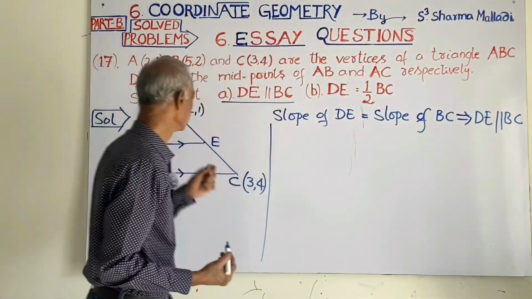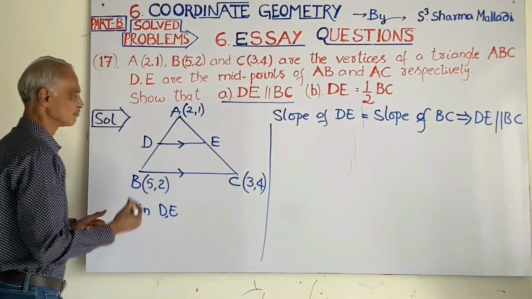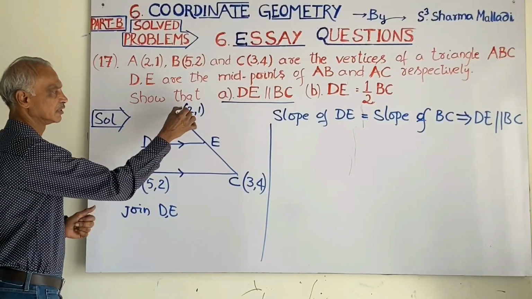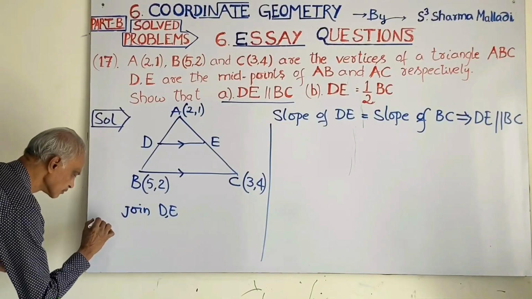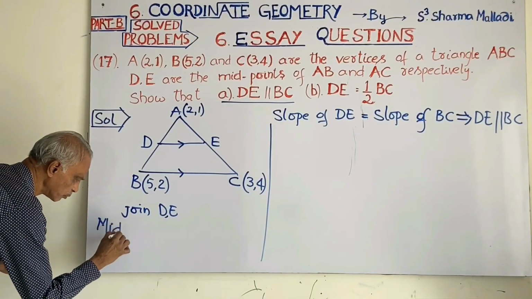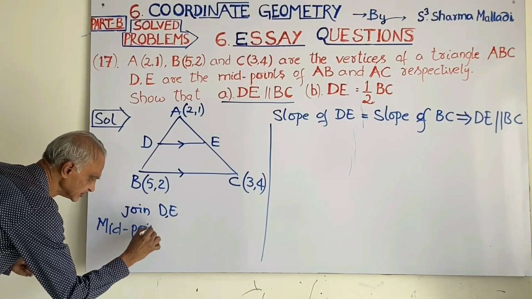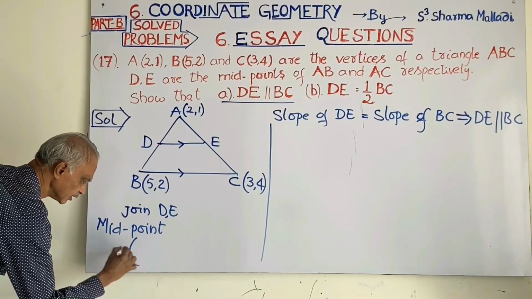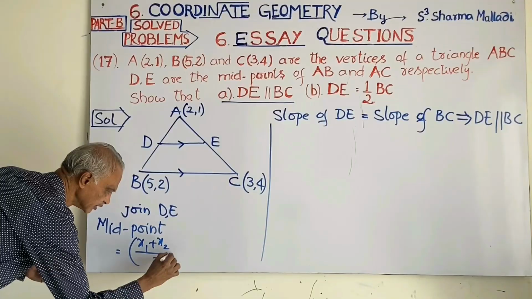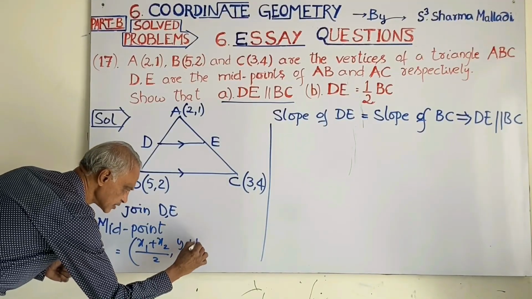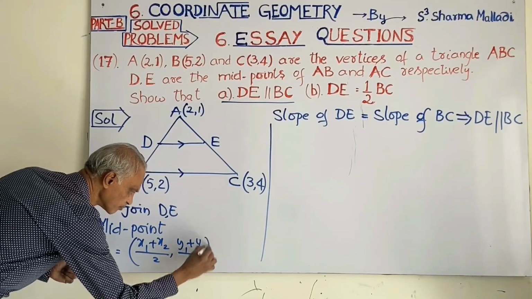First, D is the midpoint. First we have to find the midpoint of A and B. What is the formula you have? You write the midpoint formula: (x1 plus x2)/2 comma (y1 plus y2)/2.